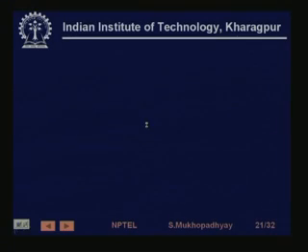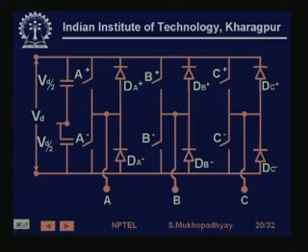In the single phase case it may be a motor winding of, let's say, some single phase motor, but we use a 3-phase case. So this is the 3-phase case, which is the same thing.